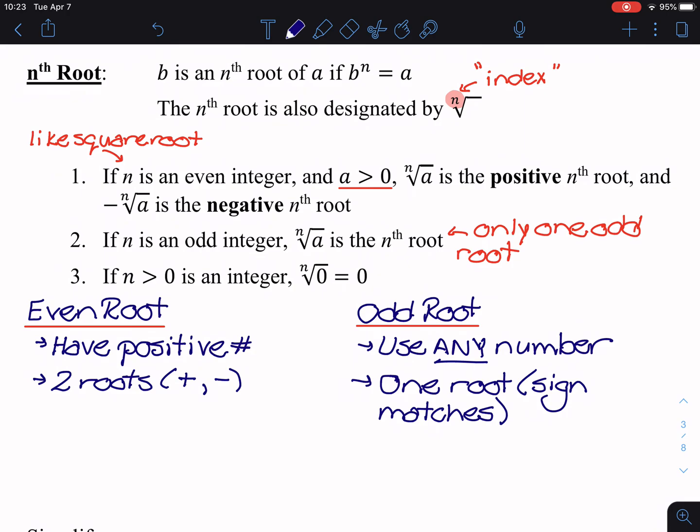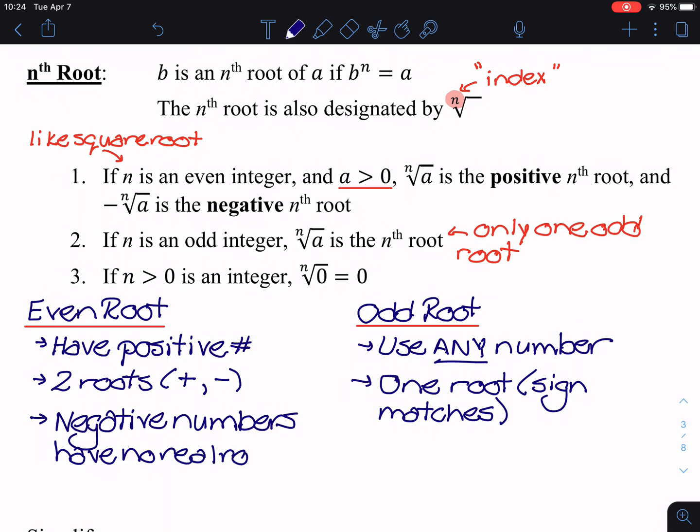Also, for even roots, negative numbers have no real roots in this case, whereas for odd roots, negative numbers do have a root.